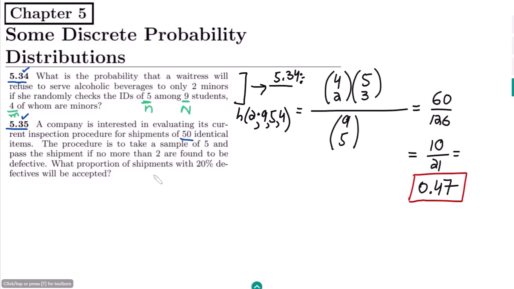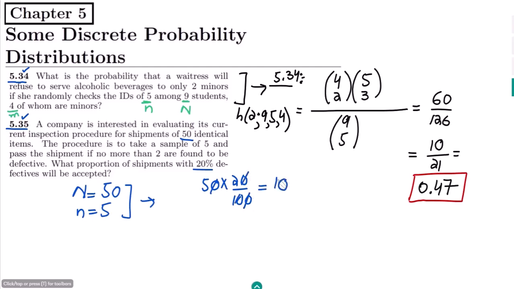Okay, so if 20% of the items are defective here, the total number of items here is 50. Okay, and a person has to select what? 5 items from it. So with 20% defective items, 50 multiplied by 20 divided by 100, this will cancel out, and those would be the 10 items.